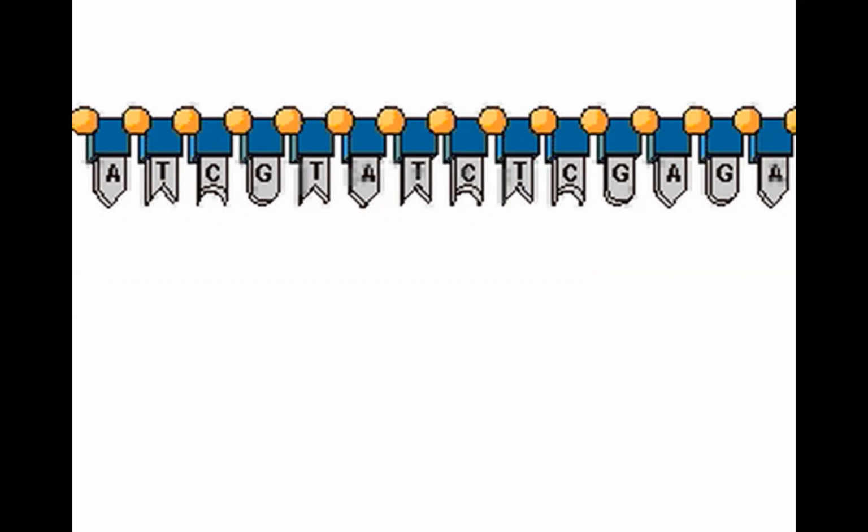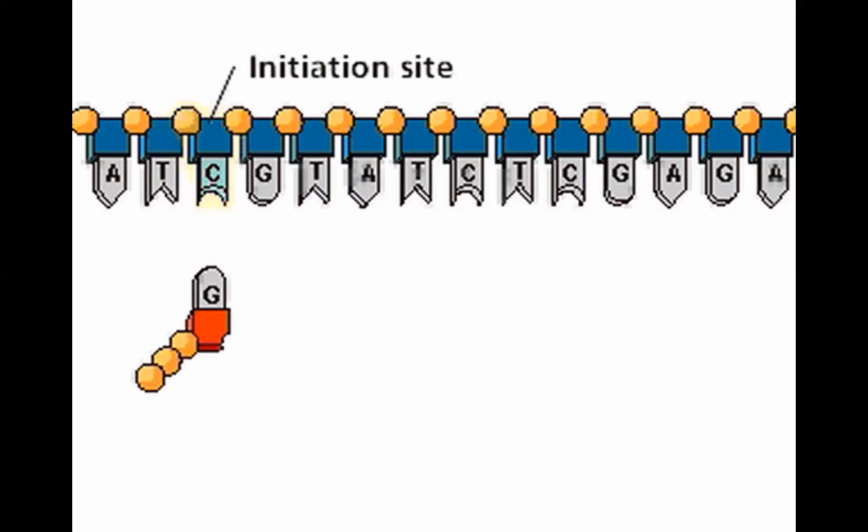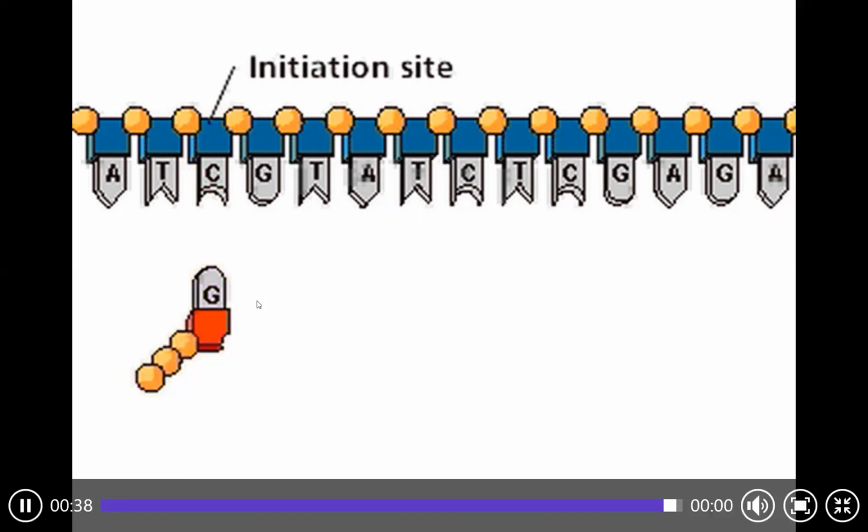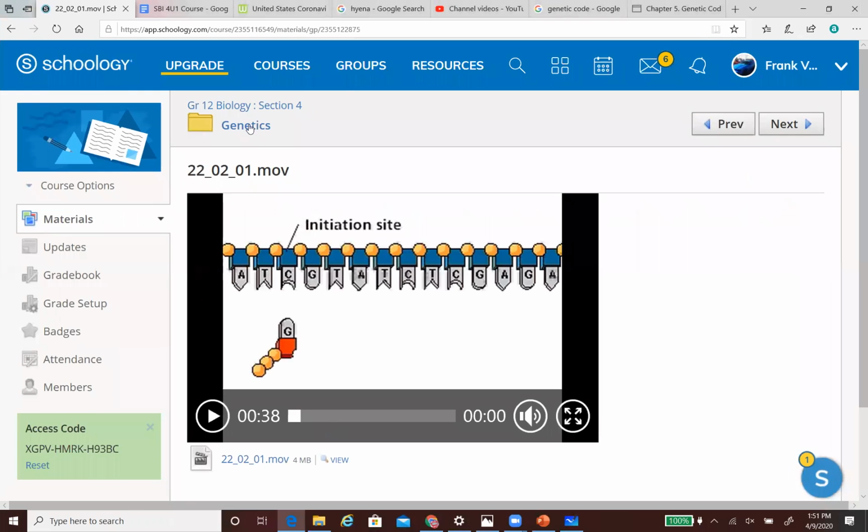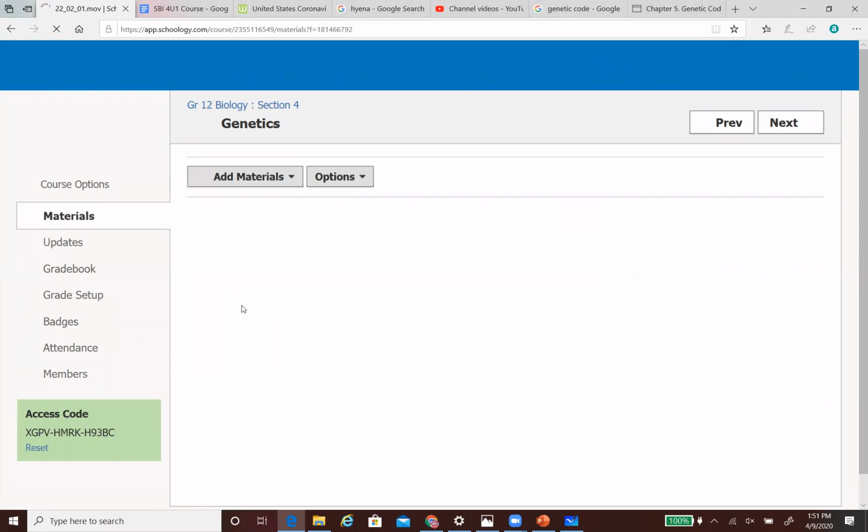We talked about this last time. And we know when it gets copied, what happens is we use complementary base pairing, right? And we start with primers, if you recall. So in this case, if we read the letter C, we put in the letter G. Okay, that's what we talked about last time.